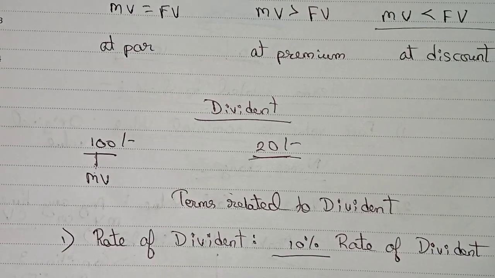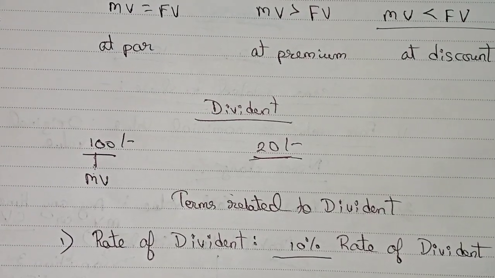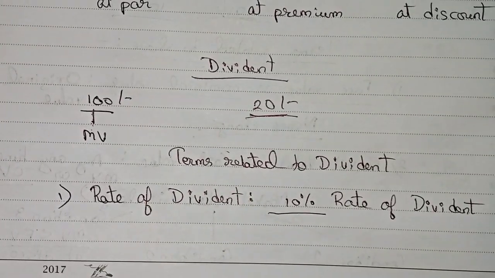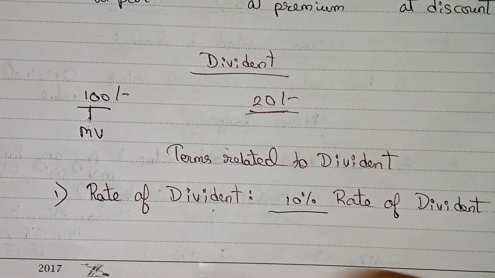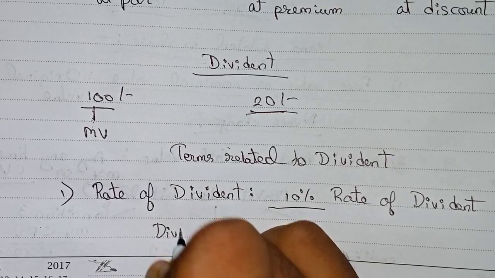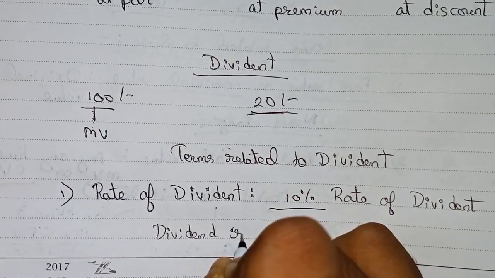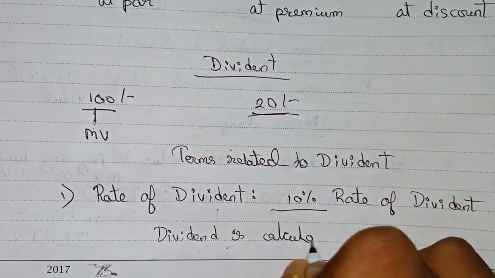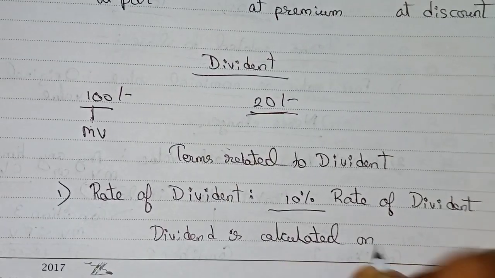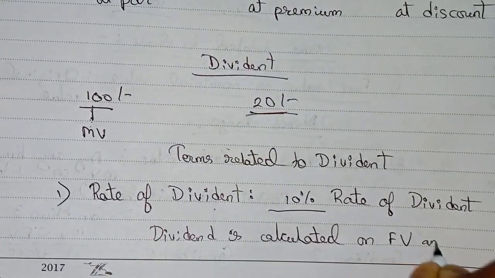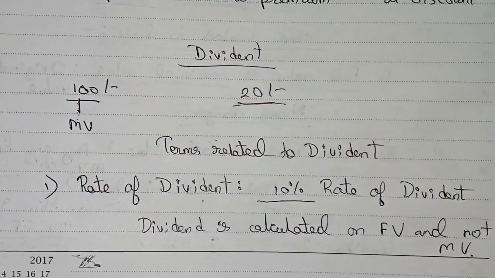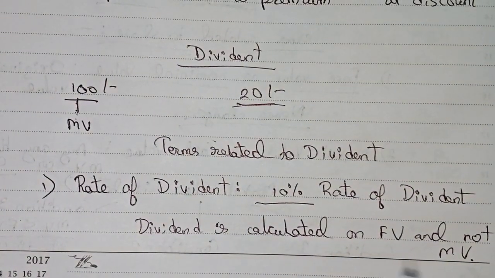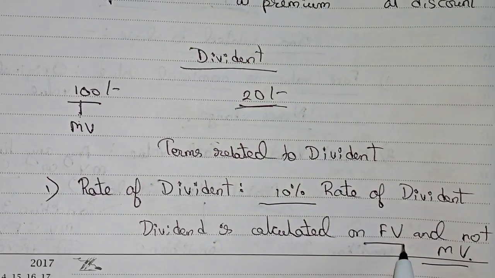Now there are certain things that I have to remember about this term dividend. Dividend is always calculated on the face value and not on the market value. Dividend can never be calculated on the market value.